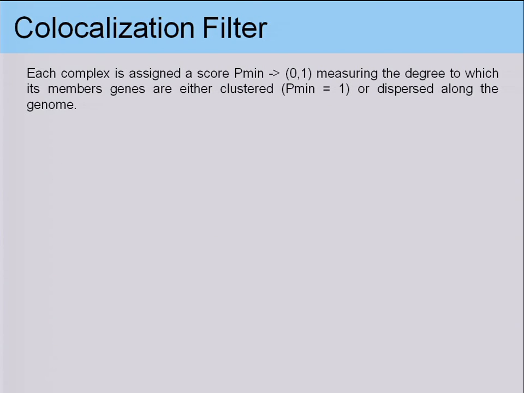If the genes are very tightly clustered, I apologize for the typo here, the p-min will have a value of 0, and if they're completely dispersed along the genome, then they'll have a value of 1, okay? Essentially, this is a probability measuring how close together these genes are compared to random sets of genes that you could pick, right?